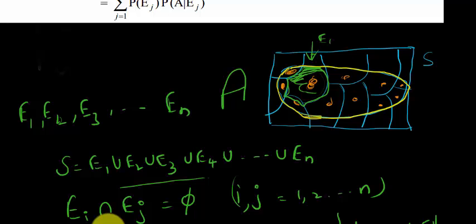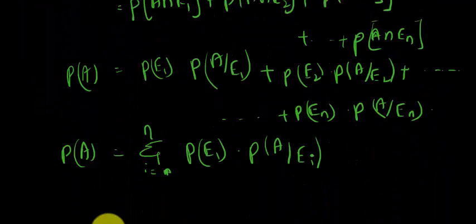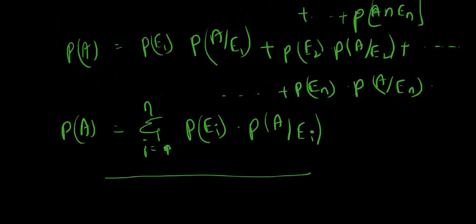So here, first of all, E1 has occurred. Because E1 has occurred, under that, how many times is A occurring? That is conditional probability. If you want to understand that in respect to the diagram, that's what it means. So that is my total probability.